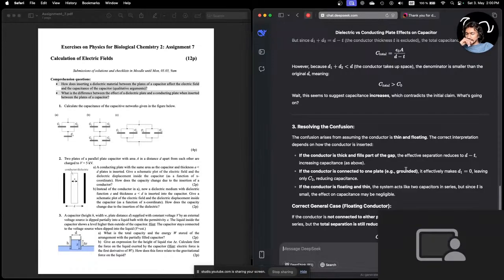So how does the capacitance decrease? It acts as two series capacitors if it's a conductor. The dielectric material also polarizes inside the capacitor, which results in the formation of an internal electric field, which reduces the overall electric field between the capacitor plates.